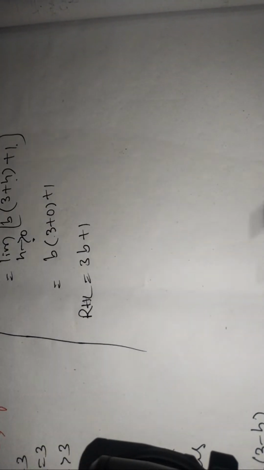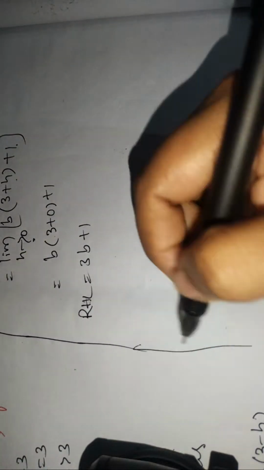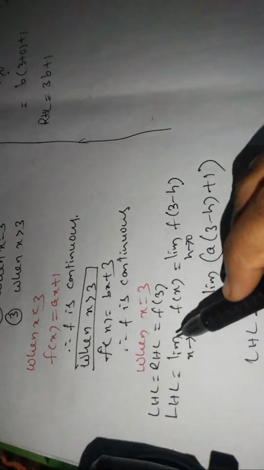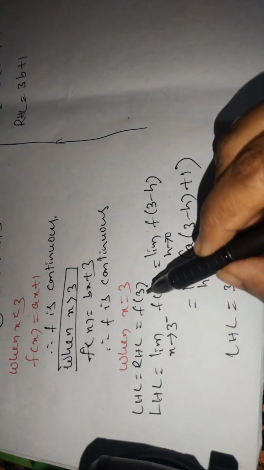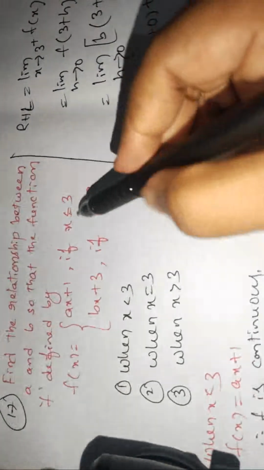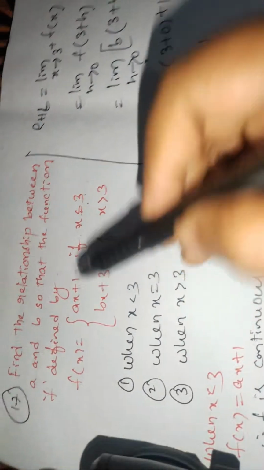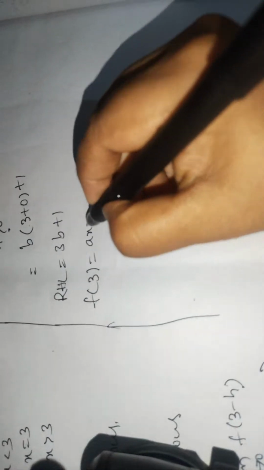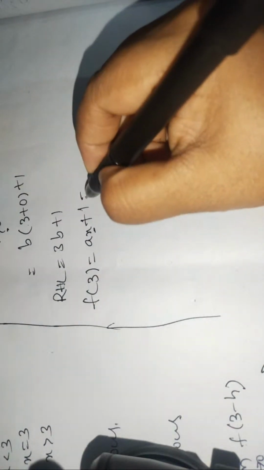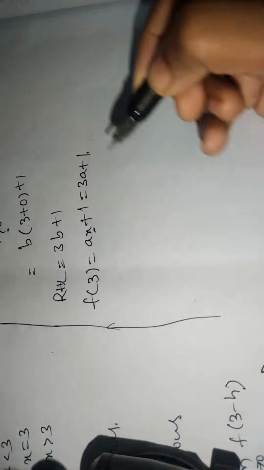And we equate this LHL and RHL. Actually we have LHL is equal to RHL is equal to f of 3. If we find f of 3, when x is equal to 3, the function is ax plus 1, so x value is 3, so 3a plus 1.